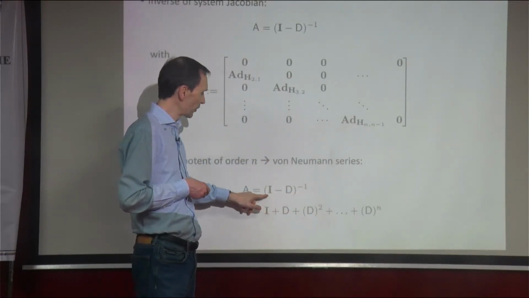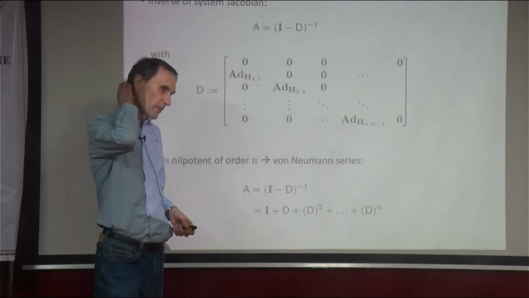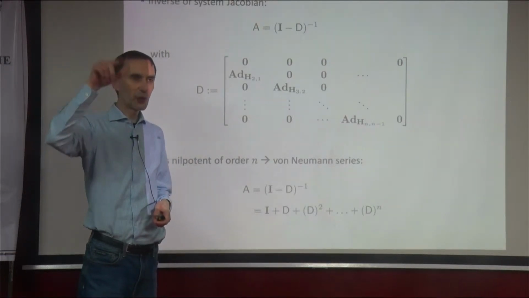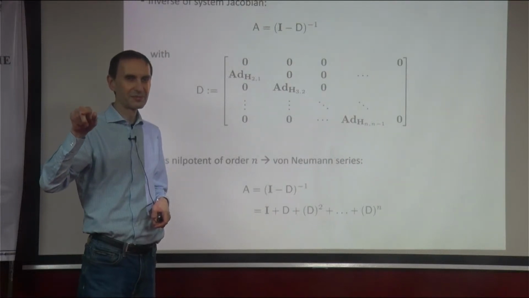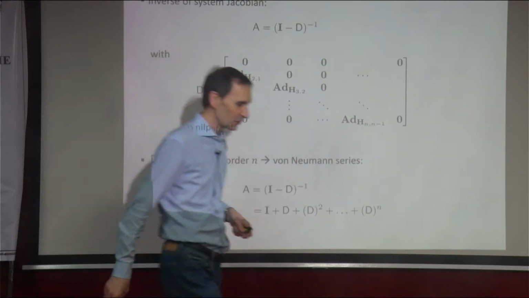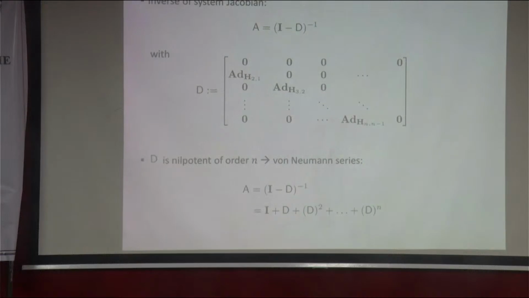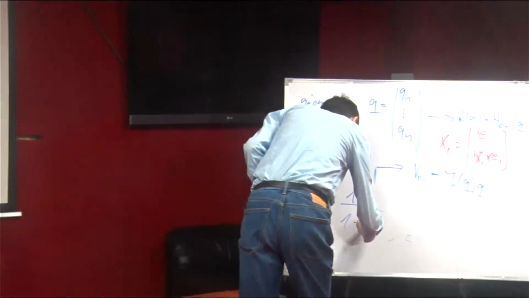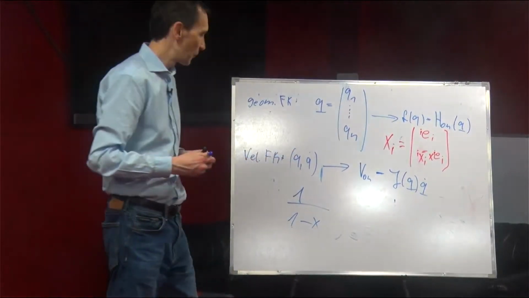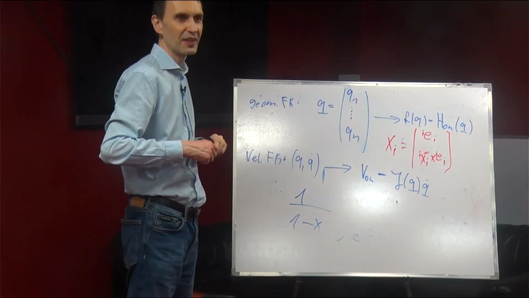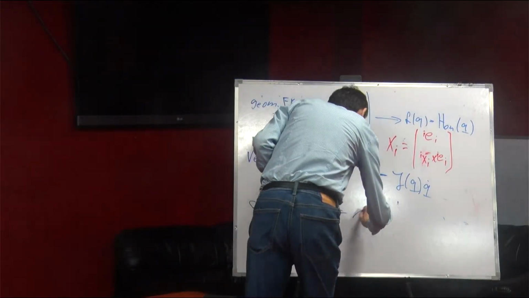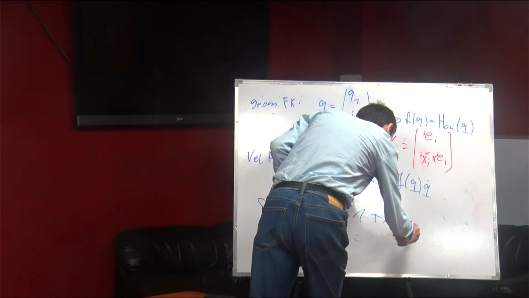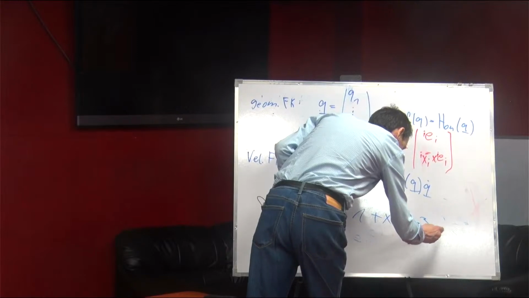Because if you remember your math course, what was the Taylor expansion of 1 over 1 minus x? What I'm referring to is, maybe you remember, maybe not. You have a function which is 1 over 1 minus x. What's the Taylor expansion? Exactly. So 1 plus x plus x squared and so on.